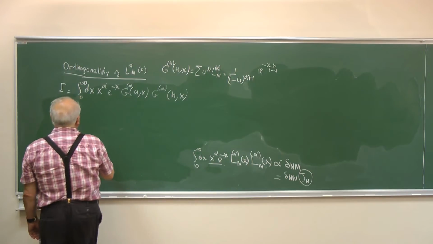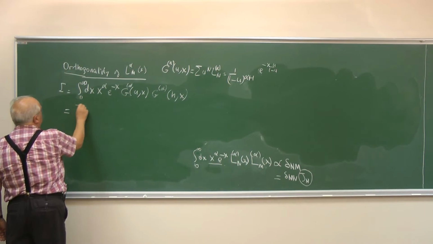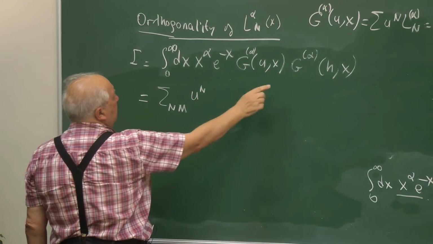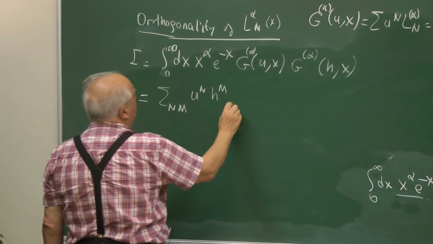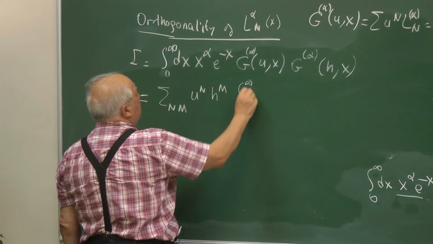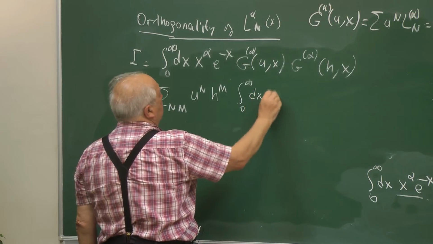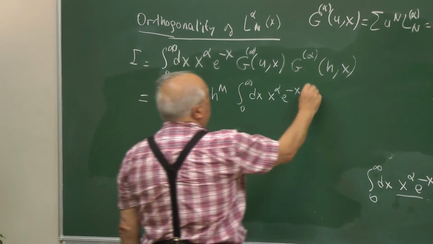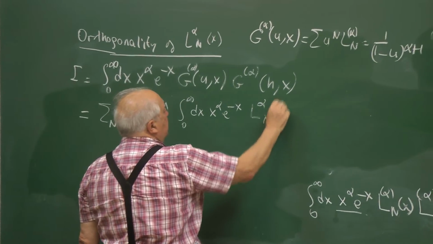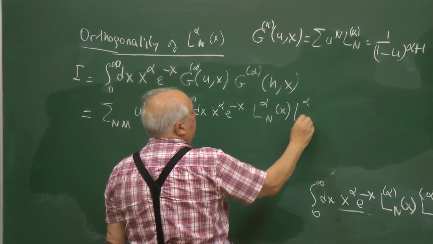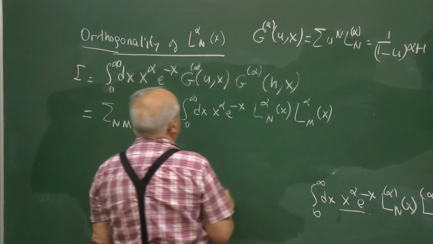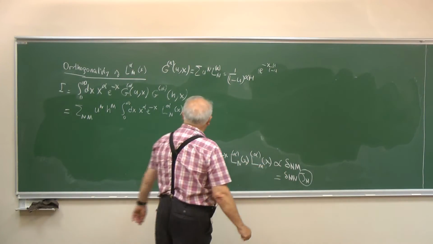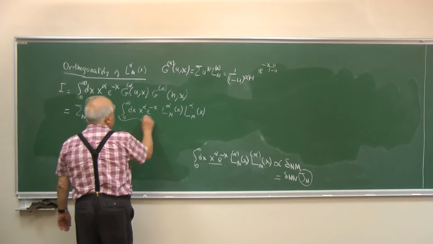Okay, so this is equal to the sum over n and m of u^n h^m integral from 0 to infinity dx x to the alpha e to the minus x L alpha n x L alpha m x, which we know is proportional to the delta function. But let's leave it for the time being like that.